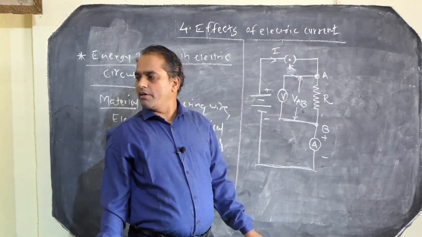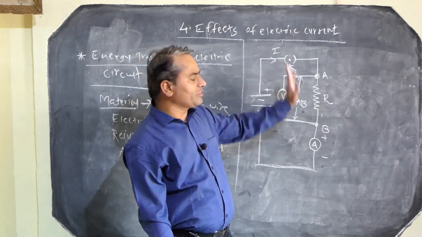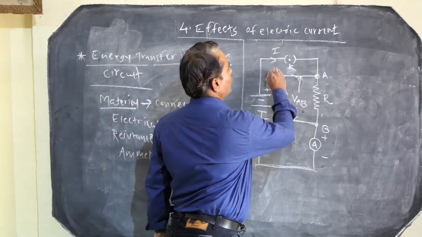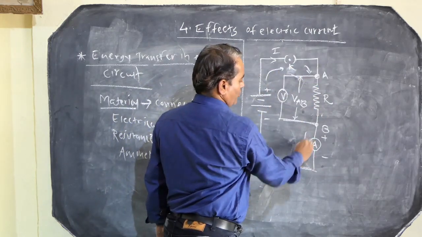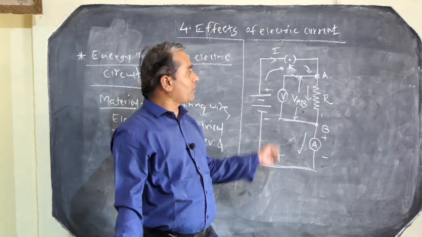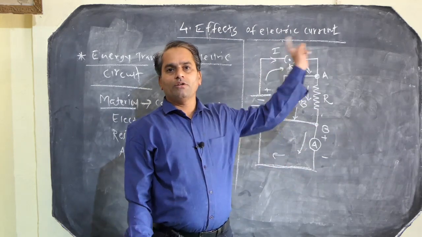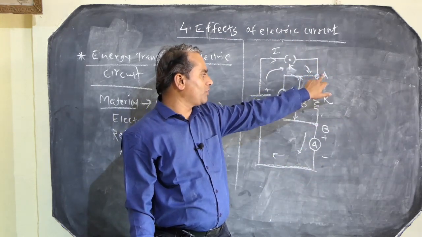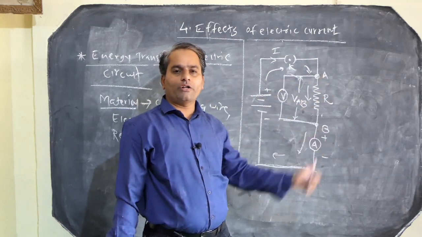Now suppose the charge is flowing through this circuit, which we can show with the help of these arrows. The current is flowing through this circuit, and the charge is flowing from terminal A to B across the resistor.